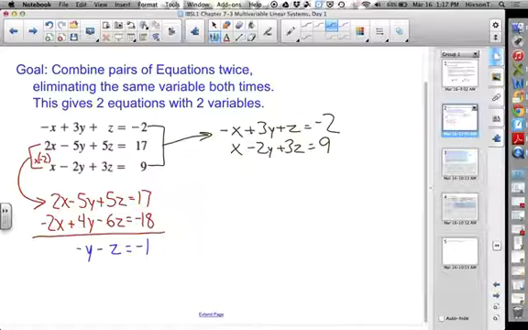The nice thing about this one is that it's already set up for us. We don't have to multiply anything in order to just add them together and eliminate the x's. So the x's cancel out to 0. We have a y plus 4z equals 7.